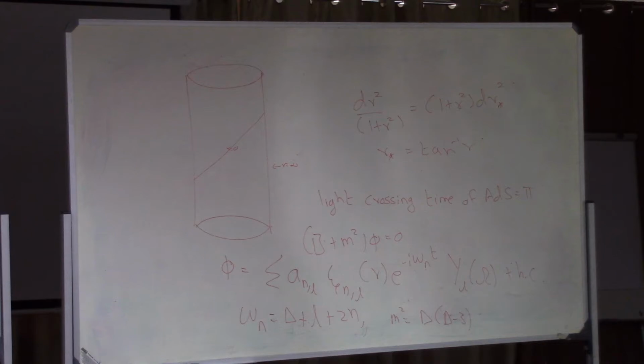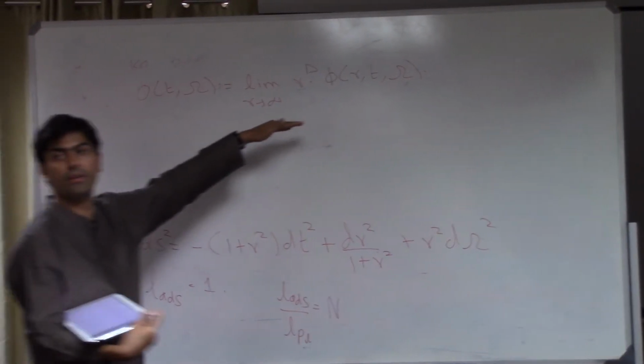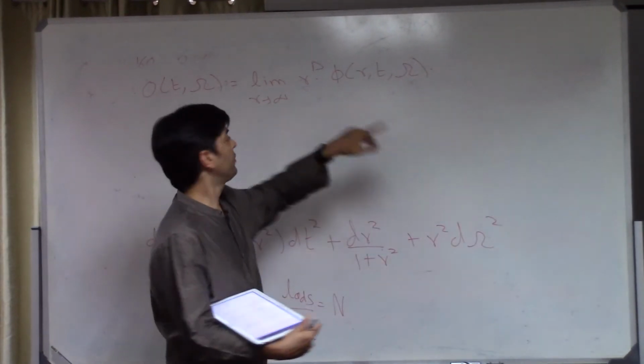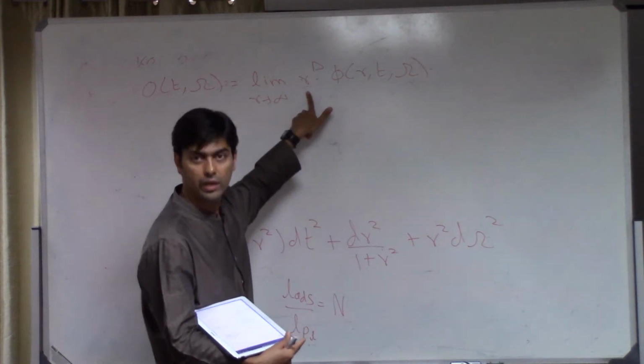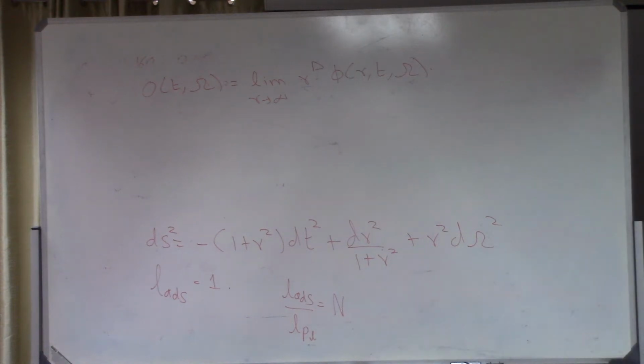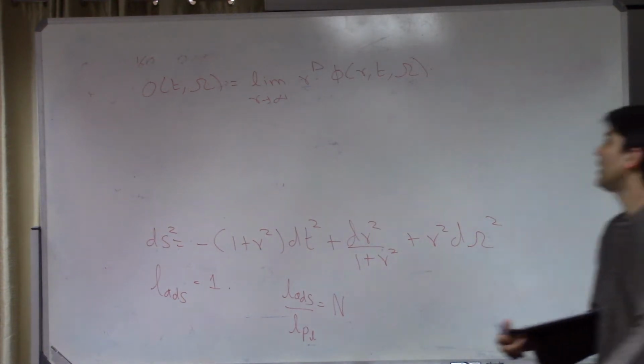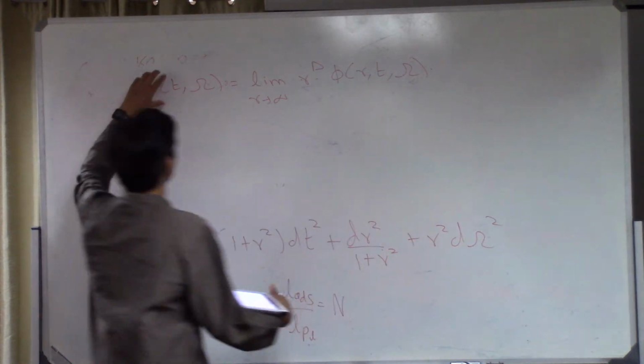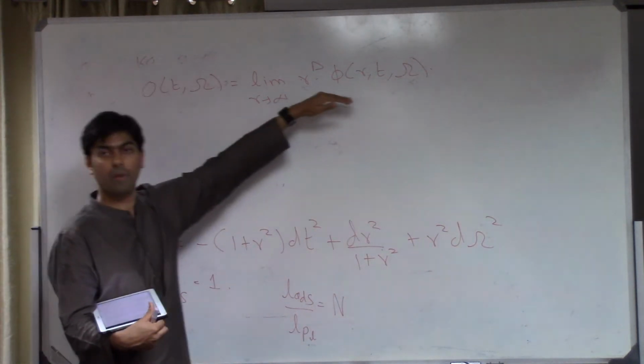So you can define this: take the boundary limit of this bulk operator phi, you scale up the operator as you go towards the boundary by some positive power of r, because the operator tends to die off near the boundary. That comes by looking at the behavior of this wave function and demanding that it's normalizable near the boundary. If you scale it up, you get some boundary operator, that's the boundary limit of the bulk operator.